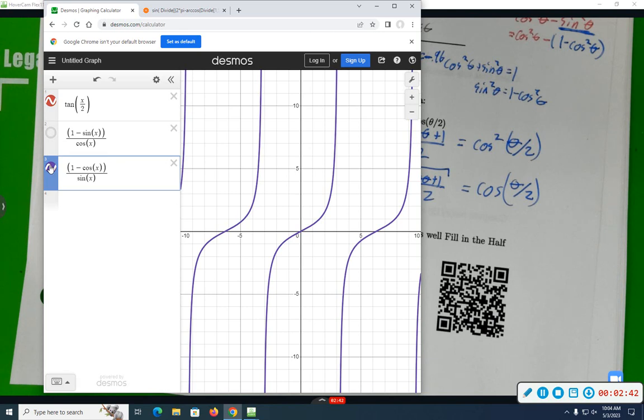Does that agree with people who went and graphed these things using their own calculators? Nice. So, well, now I forget. Was the thing on the paper right or the thing on the board right? Paper right.